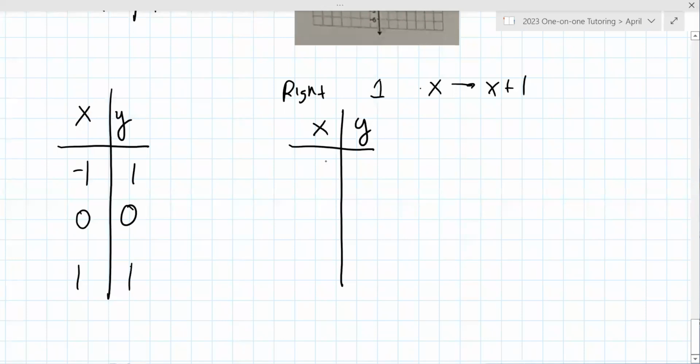Okay, so I want you to add 1 to each of the x values. Each of the x values here. -1 plus 1 is 2. It is not 2. It is not -2. You're taking this number, -1, and adding 1 to it. That is 0.